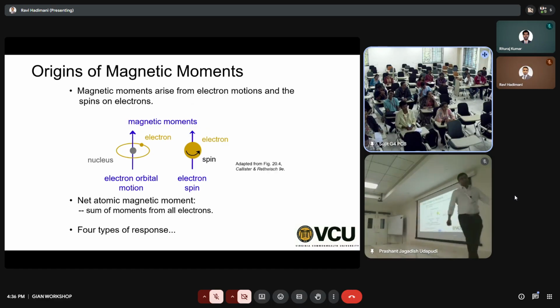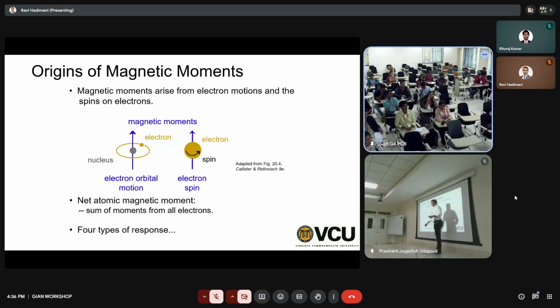Now what is the origin? Charge in motion, right? There are two motions for an electron: one is spin, and the other is orbital. Electrons don't just go around, it's just like Earth, which spins on its own axis and also goes around.